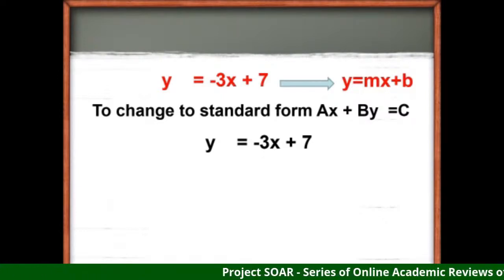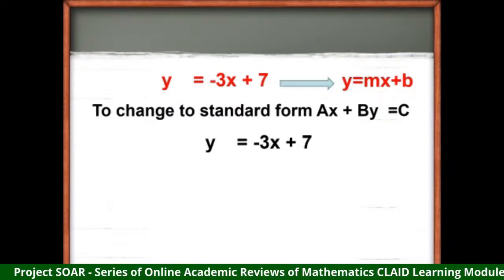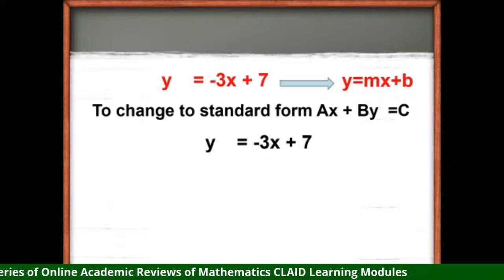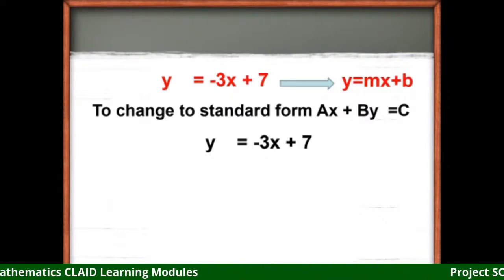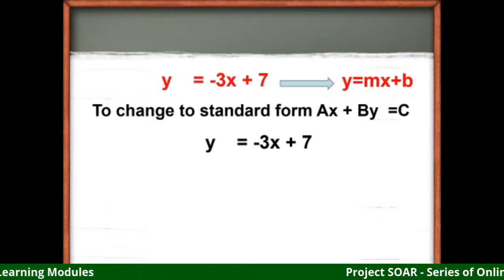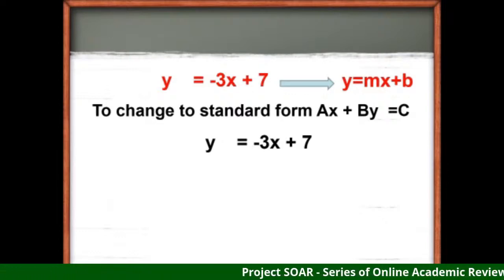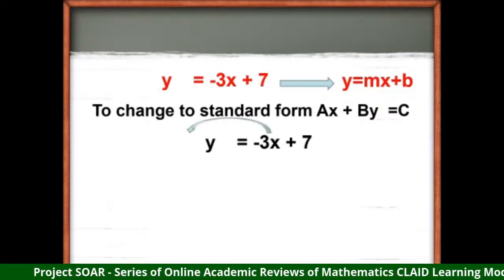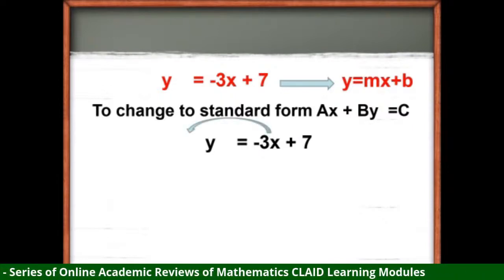Looking in our standard form, which is ax plus by equals c, all the terms containing x and y are written on the left side of the equation. And the constant term is written on the right side of the equation. So following this order, we will transpose negative 3x on the left side.